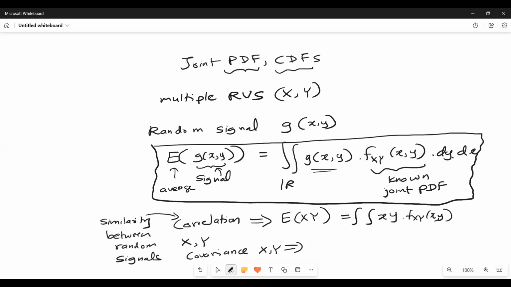I will explain this in a later instance as well. Here you need to input the joint PDF function of x and y, and then dy dx. So E[XY] will give the correlation between two random signals, how similar those two random signals are. So the E[XY] value gives how similar two random variables are.